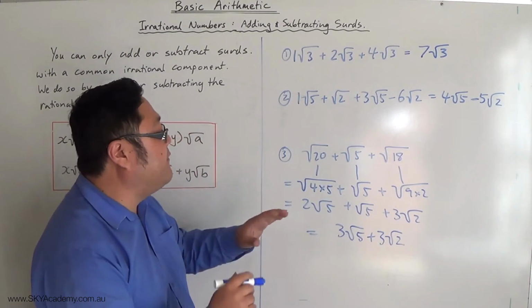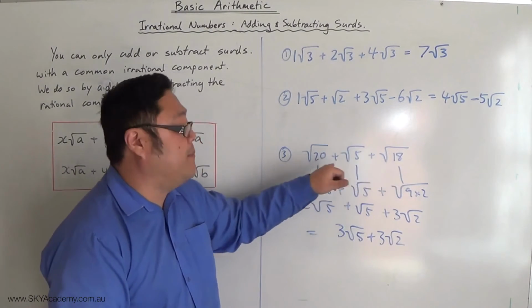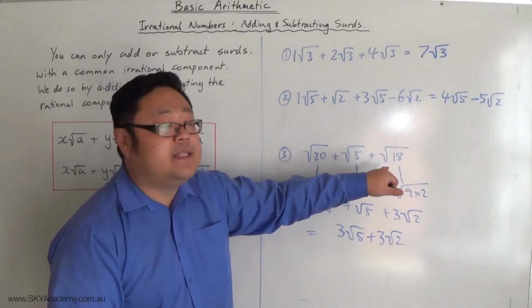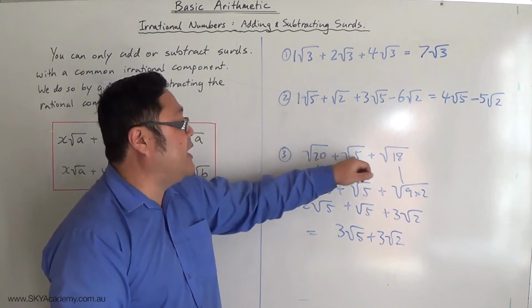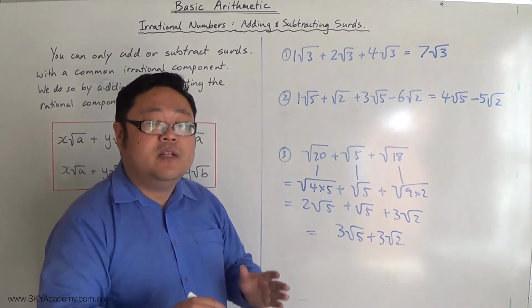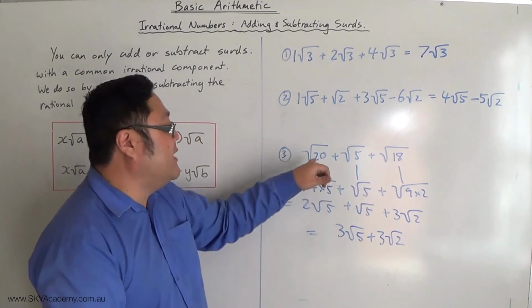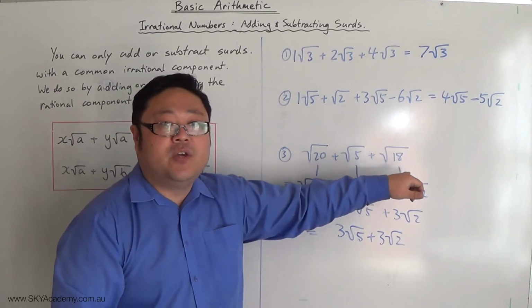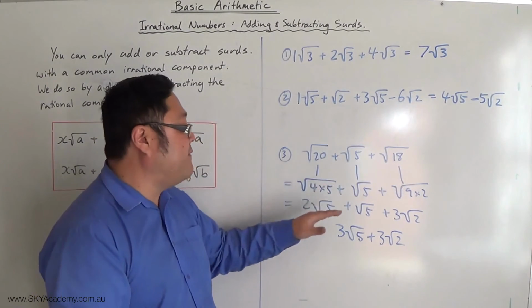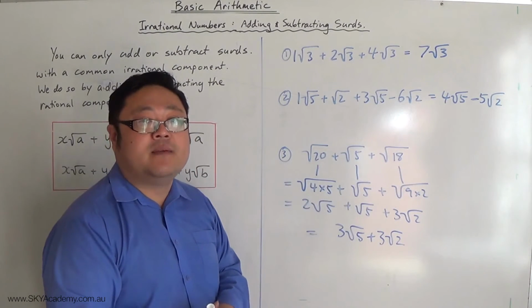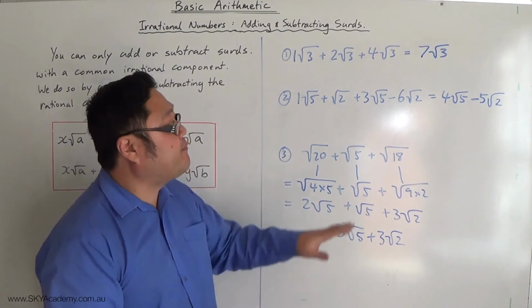So just be careful when you see a whole set of surds being added together and you don't think you can add them together because they don't have a common irrational component. Don't dismiss it straight away. See if you can simplify the surd, and by simplifying the surd, you might find that you can add and subtract them as well. Okay?